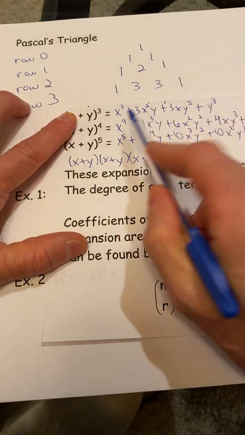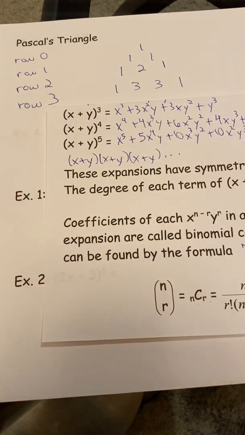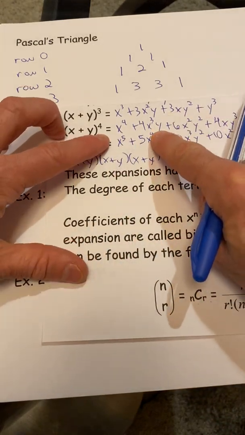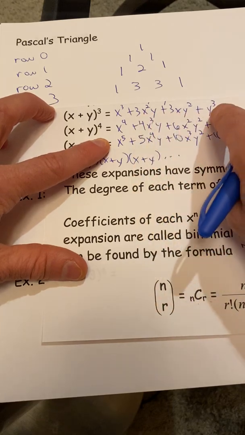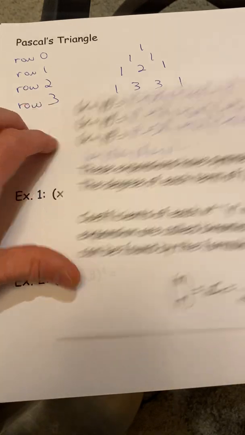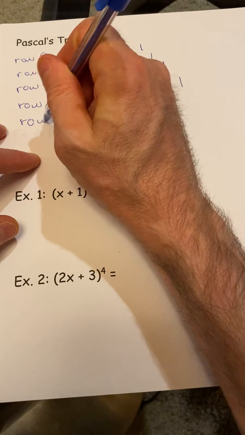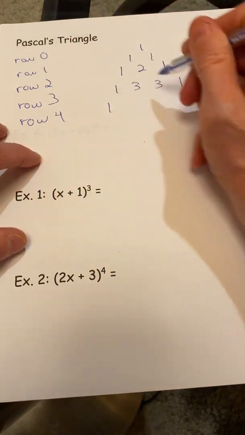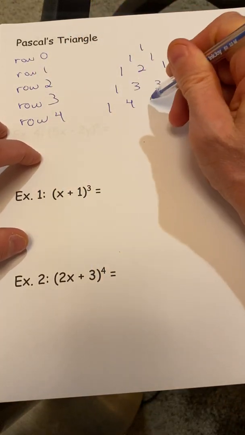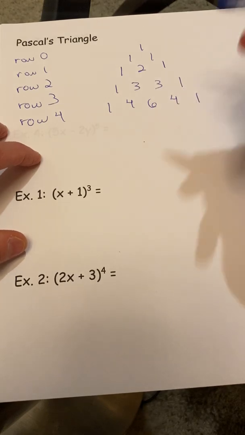So as I was actually multiplying these out, I mean, technically, yeah, I kind of know these in my head. As long as you have the first one, you can keep expanding them out. So row 4 is 1, 4, 6, 4, 1.